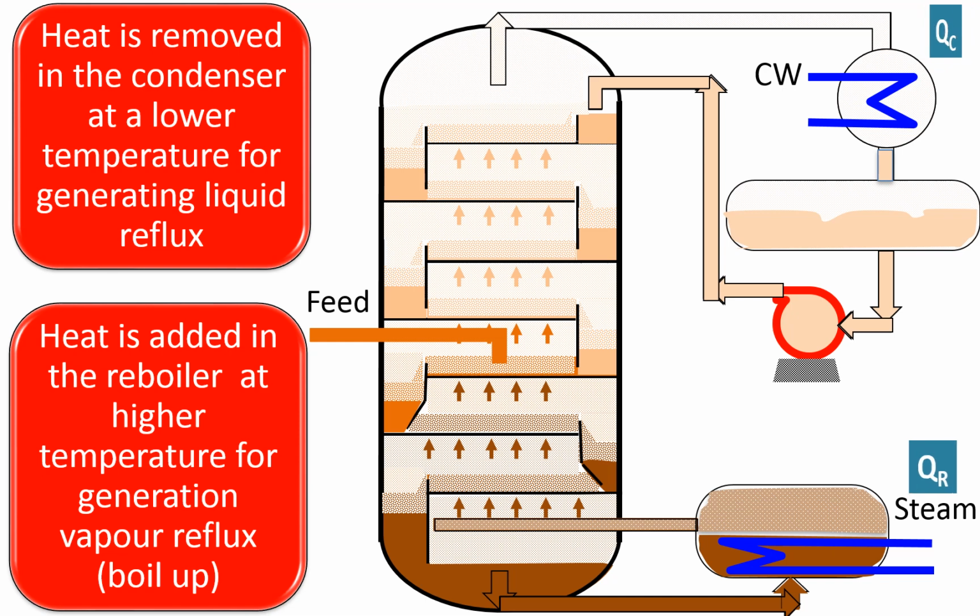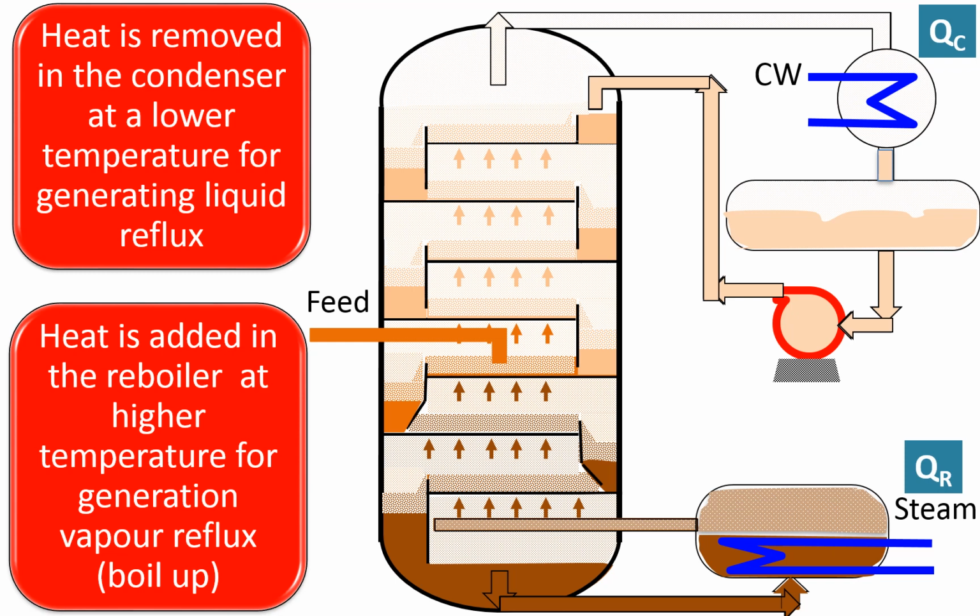This figure is an illustration of a typical conventional distillation column where the reboiler is driven by steam and cooling water is used as the utility for the condenser. The heat is added in the reboiler at a higher temperature for generation of vapor reflux, that is boil up.